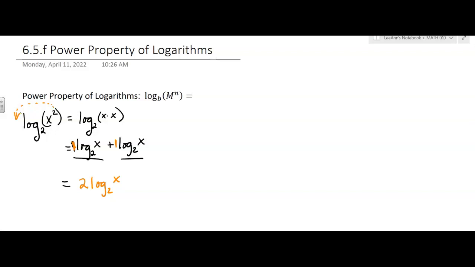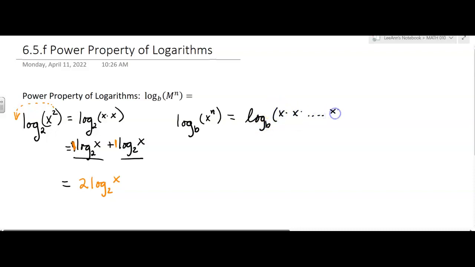I always say like down in front. We can expand this a little bit to say, if I have log, any base b, of x to some nth power, that's log base b of as many x factors as you have in the exponent, like there's n of those, right?